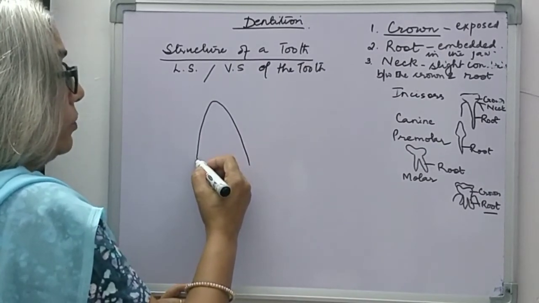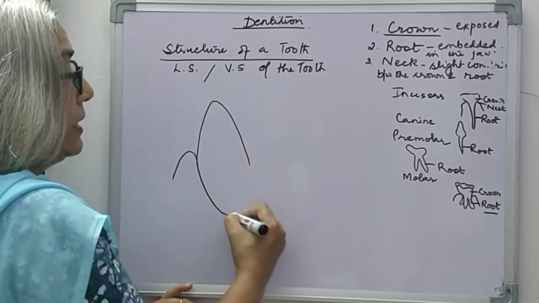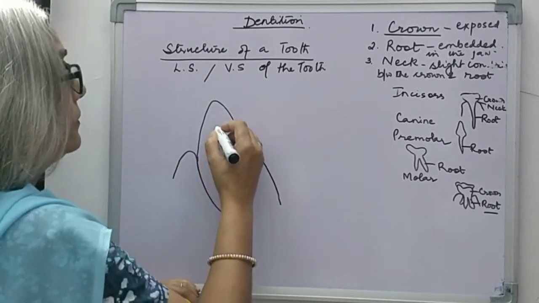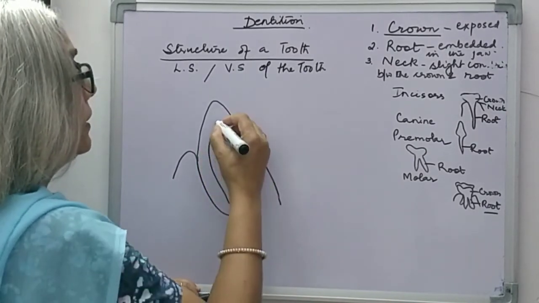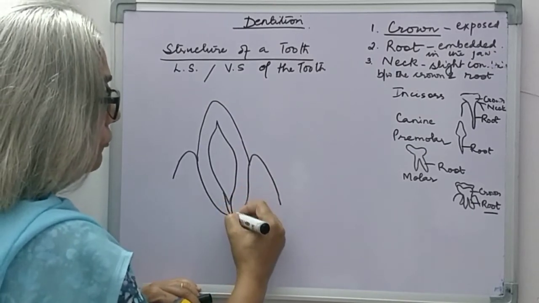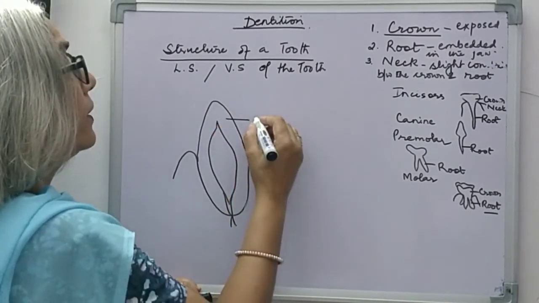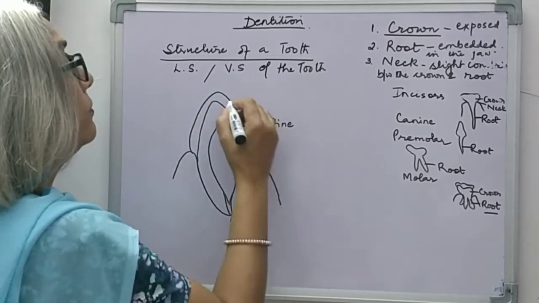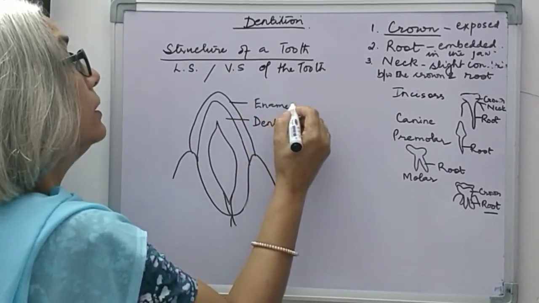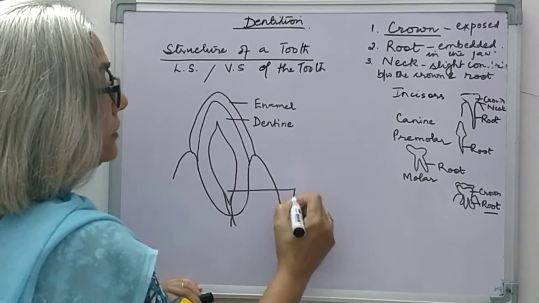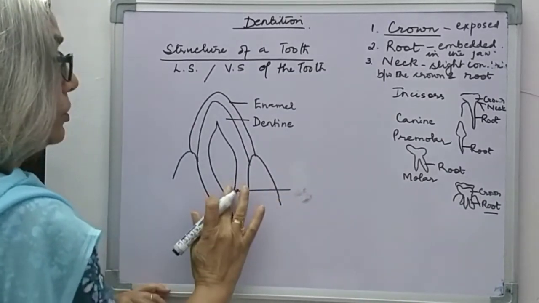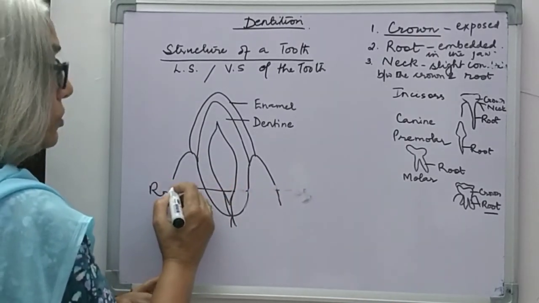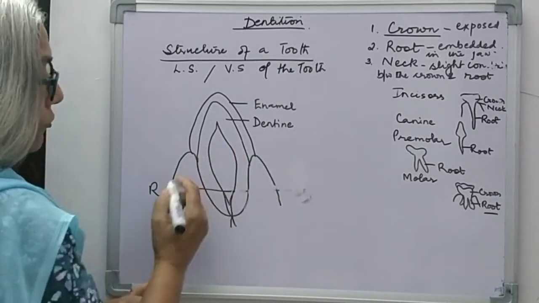This crown is embedded in the jawbone like this, and the crown or the entire teeth is formed of bulk portion called the dentine, which is covered by a hard enamel, and this is the root. Okay, I will label the root this side, 3 parts of the tooth. This is the root, the portion that is in the socket of the tooth.